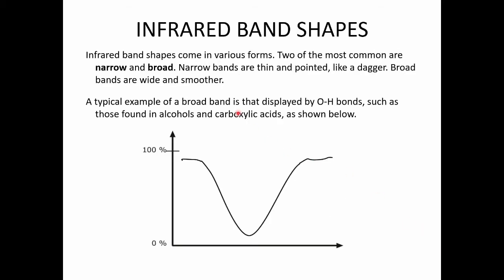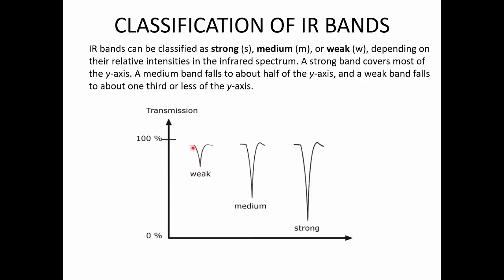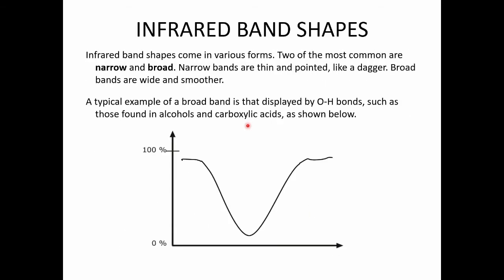So bands can be either sharp, or I guess narrow, as well as broad. As we saw here, narrow bands tend to be very sharp, very easy to notice, while broad bands take up huge amounts of space.